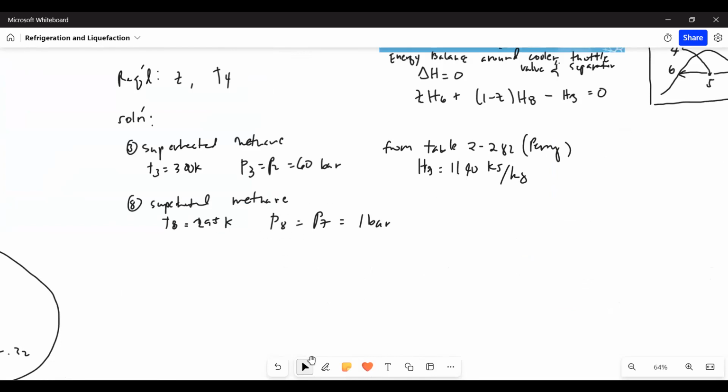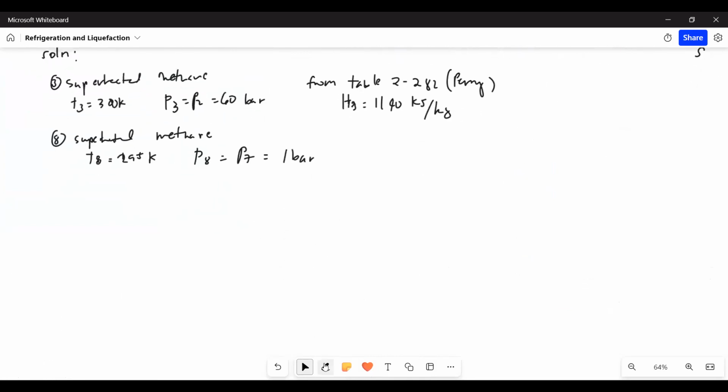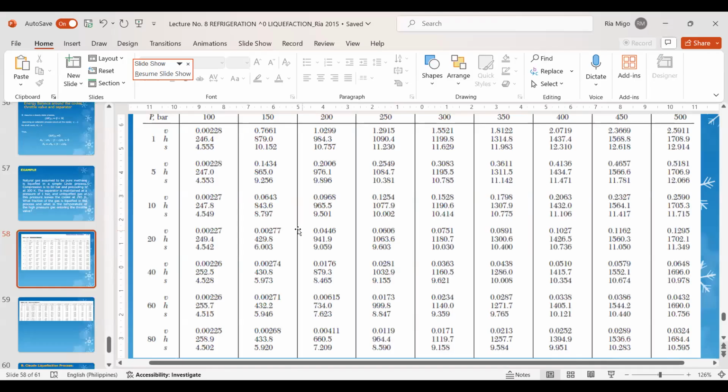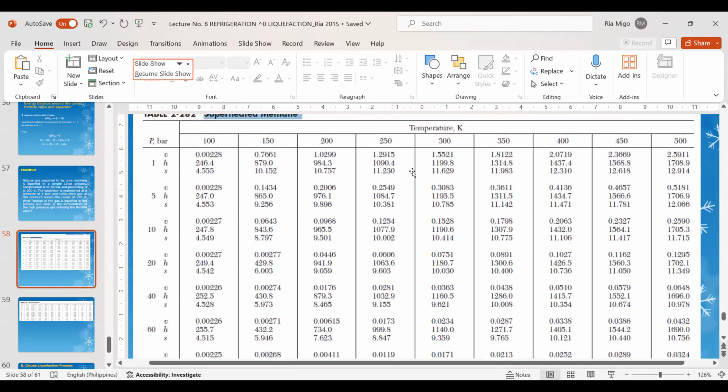Now we have two parameters. We can now read the properties using the superheated table. But at this point, you have to do some interpolation because there's no 295 Kelvin temperature, and also the pressure is 1 bar. So by interpolation, I will not show it.